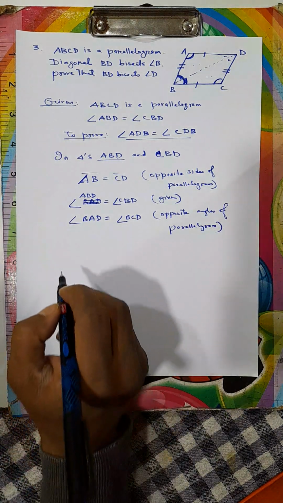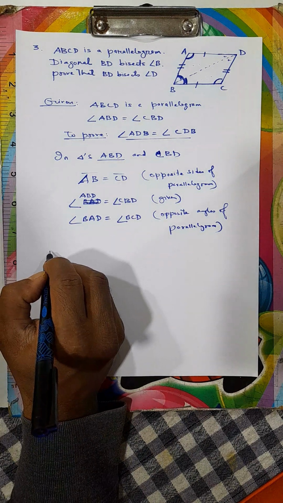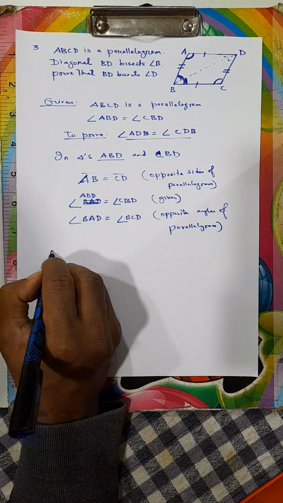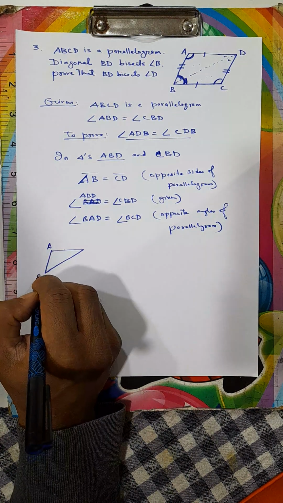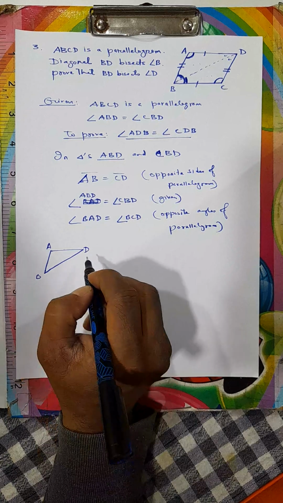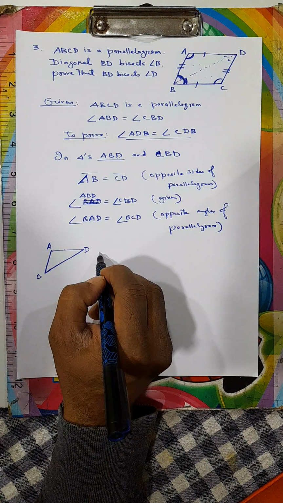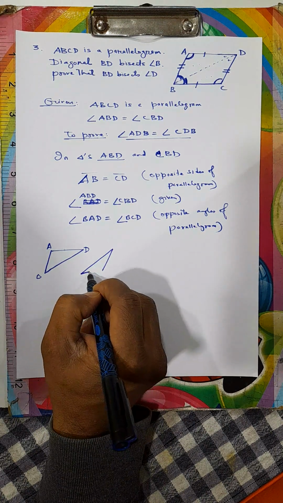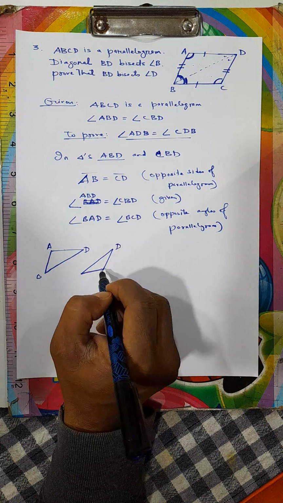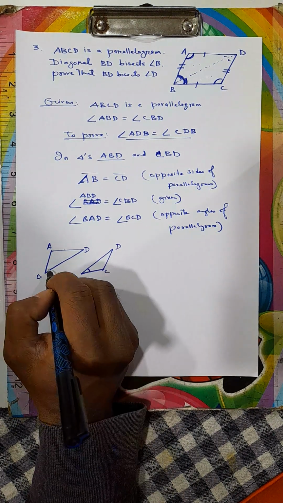Right? So we find that in these two triangles, let us separate out these triangles. One triangle is this, A, B, D, and another triangle is this, D, C, B. So you find that these two angles are equal.